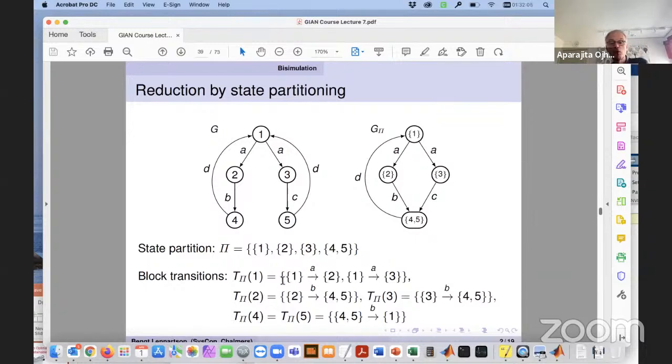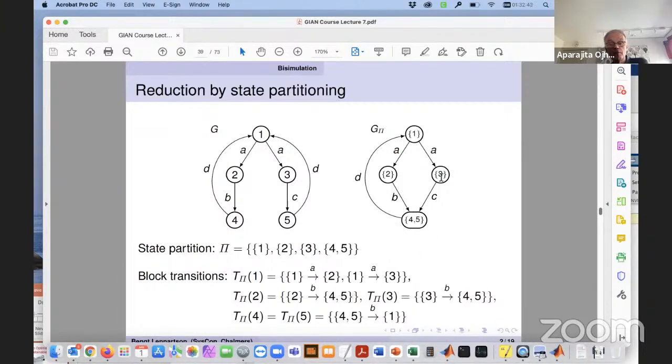Which are the possible block transitions from state 1 in this case? Which are the block transitions from state 2 then? Well, with this partitioning we have generated here, from state block 2 you have a transition via the event B to this block state 4, 5.